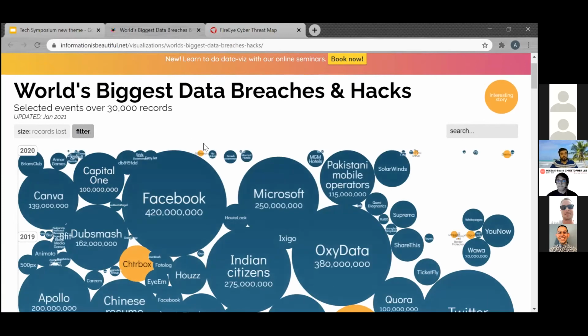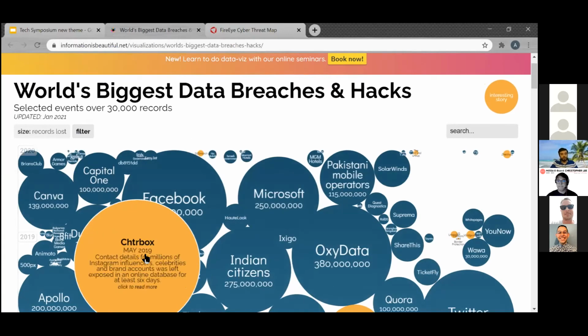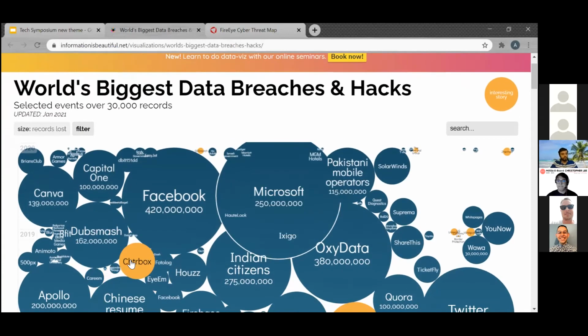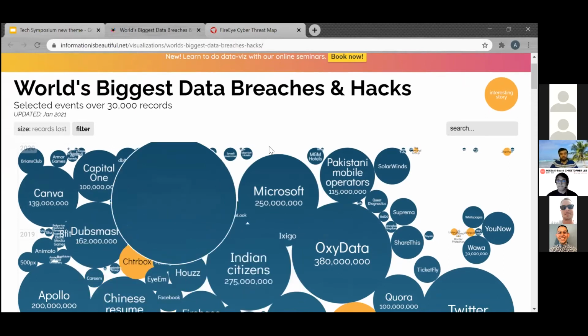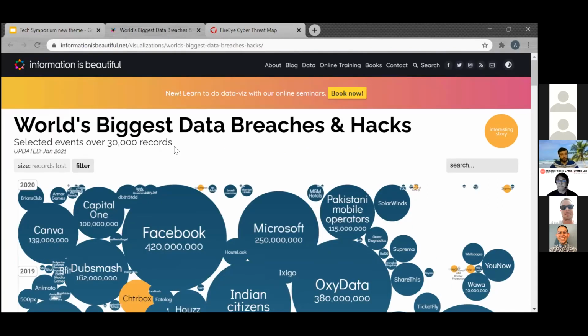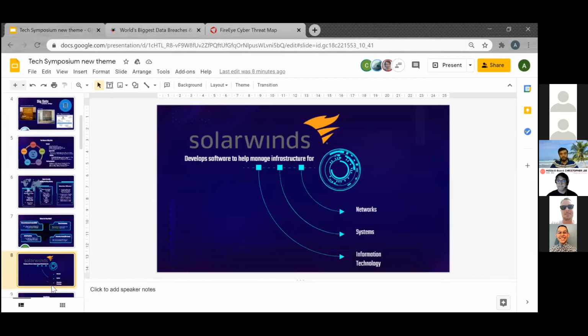And lastly, the orange circles are just more interesting stories that were recommended. With that being said, I will give it to Nick, and he will be talking about the SolarWinds case.